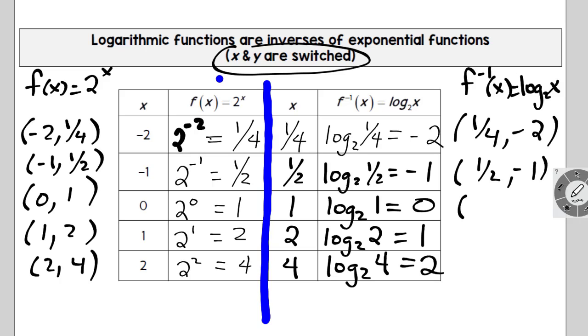Okay, well, 1, 0, 2, 1, 4, 2. Okay, so you can see that the x and y values are just swapped, right, when we talk about inverse functions. All right, okay, questions about that? All right, very good.